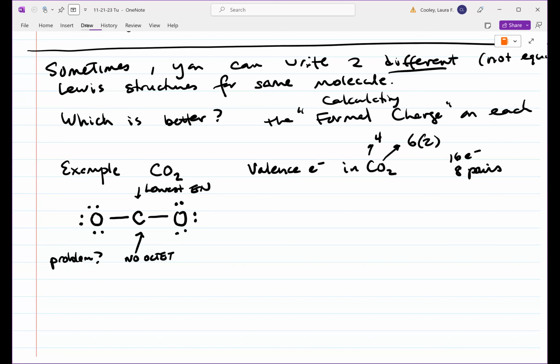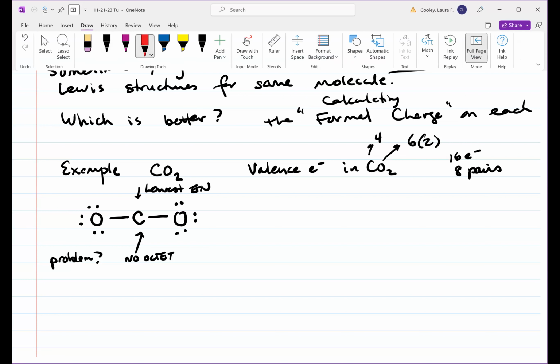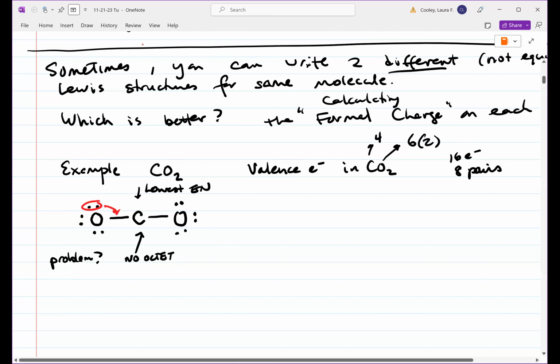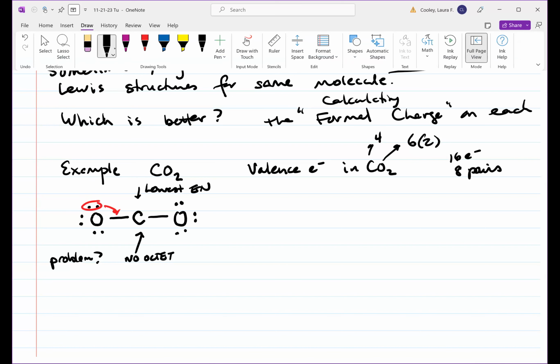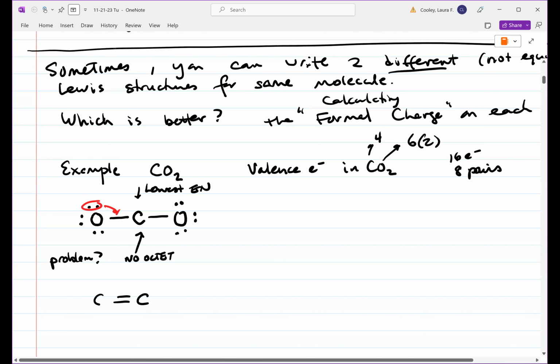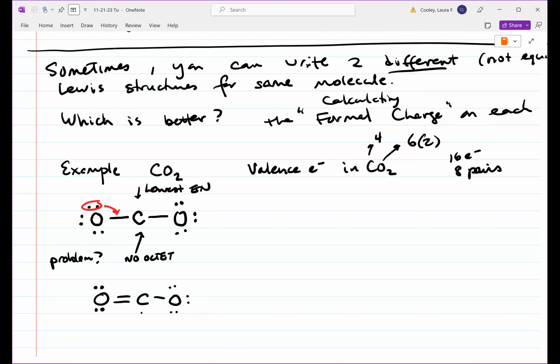So, okay, no problem. We're going to take one of these and we're going to make a double bond. Okay. So when we do that, this is what we get. By the way, when you have 2 lone pairs around an atom, I don't care if you write them top and bottom. You could have put them here and here. It just doesn't matter. Anyway, so we still have no octet here.